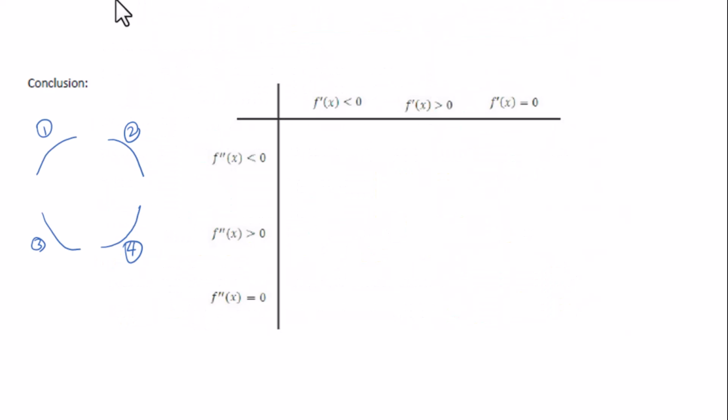Let's go to the conclusion. For f prime of x less than 0, the function is decreasing. For f prime of x greater than 0, the function is increasing. For f double prime of x less than 0, the graph is concave down.